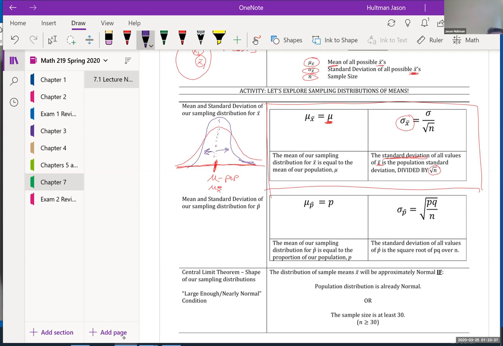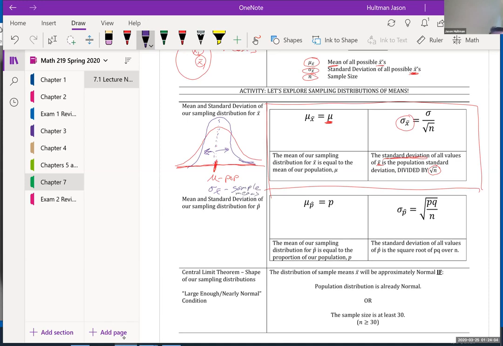So whereas before the standard deviation was for the red one, the original distribution, the purple one is for the sample means.